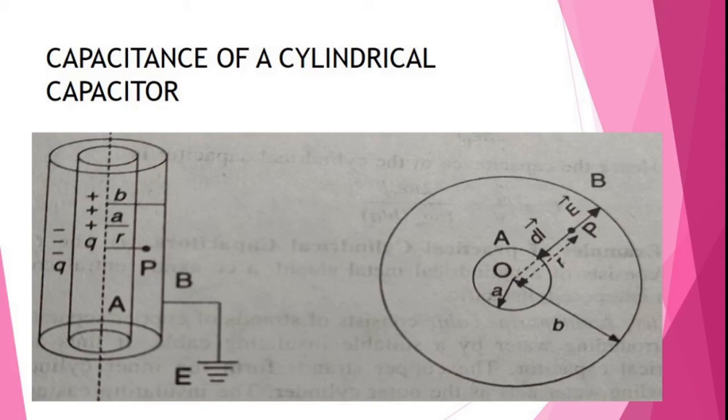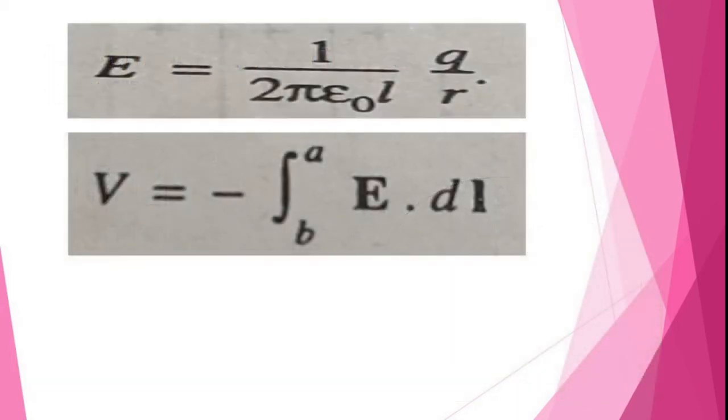Now we can see that E is radially outward and dl is inward. Therefore, E dot dl will be E dl cos 180, which is equal to minus E dl.